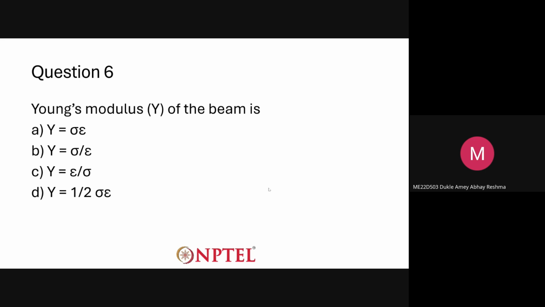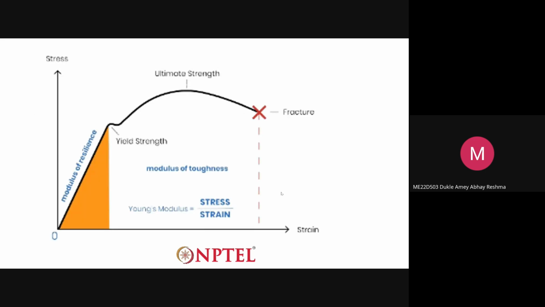This is something called the stress strain curve. Over the x-axis is the strain, that is the change in length, and over the y-axis is the stress that is applied. When the force is applied, the material is getting pulled apart, right?